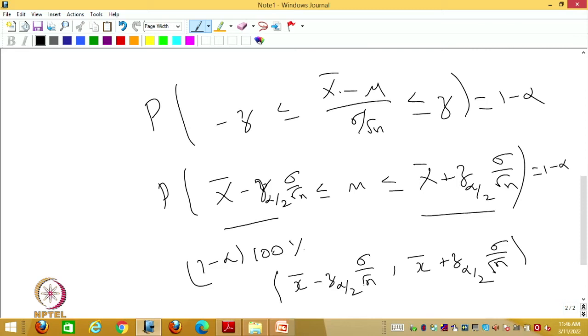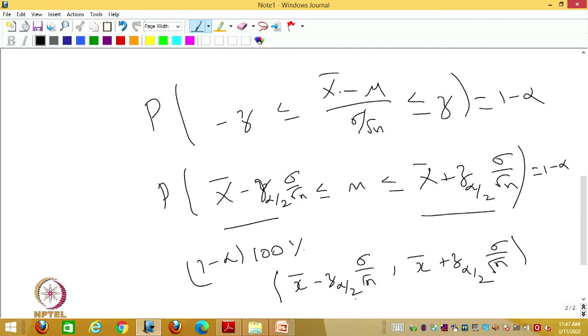And you see that this interval is a random interval. That is a very important observation. The interval is not fixed, because it is a function of the sample mean. Whenever you take any random sample, your sample mean is going to be random. Since x bar is the sample mean, it is random, whereas population variance is known, sample size is known, and for a fixed alpha, this z alpha by 2 is a fixed value, whereas the small x bar is a sample value which is random, or capital X bar is a random variable.